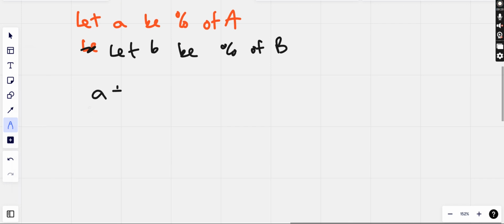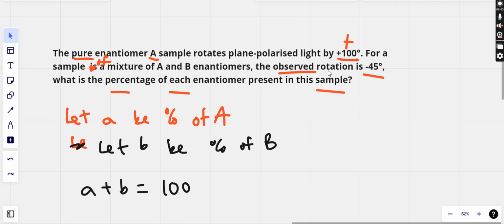We know that a plus b must be 100 because it's in terms of percentage. We can't have a plus b equal to 70%, because then what's the other 30%? So it must be a percentage. And from this paragraph, we know that the observed rotation is negative 45.